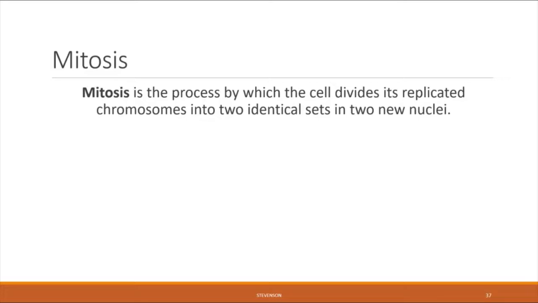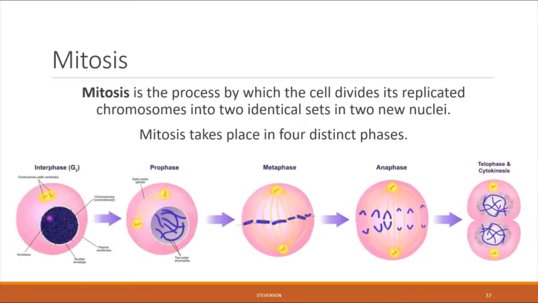So mitosis is defined as the process by which the cell divides its replicated chromosomes into two identical sets in two newly made nuclei. There are 4 distinct phases over the course of which mitosis is carried out. After interphase, the cell moves into prophase, then metaphase, then anaphase, and then finally telophase and cytokinesis.